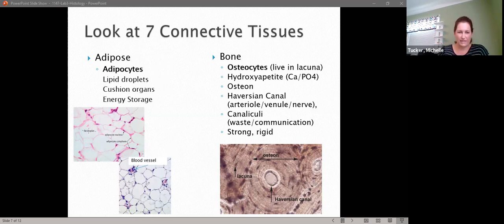Each one of these is a single adipocyte, a single adipose cell. And so this entire slide is adipose connective tissue. This is a blood vessel here, and this here is a nucleus.